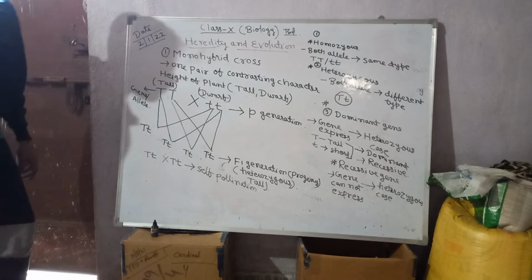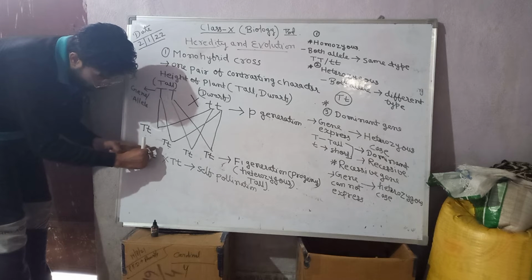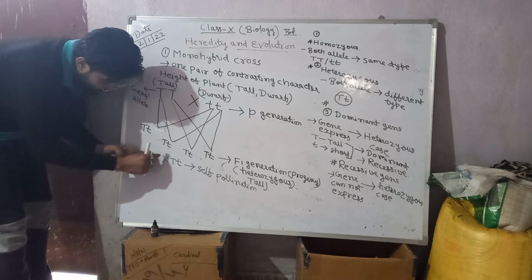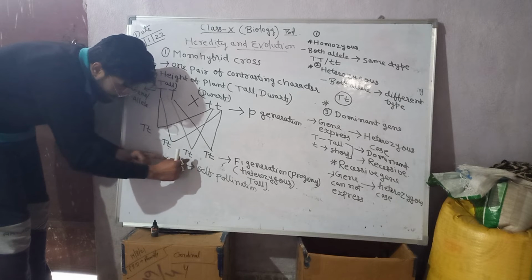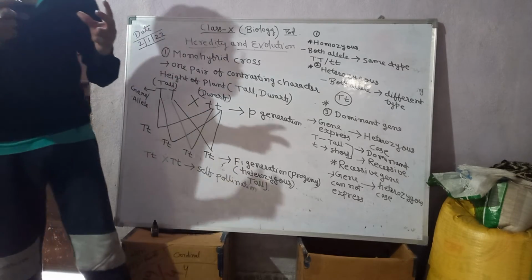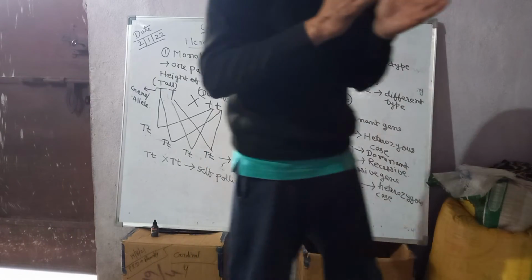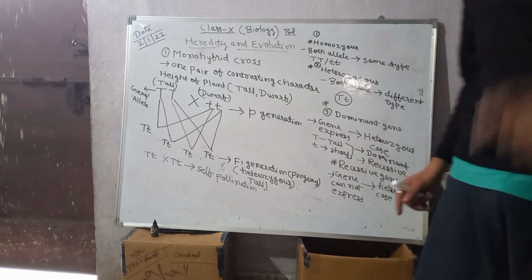What do you mean by the self pollination? Here you are observing that, suppose this is one parent that we are taking from the F1 generation. This is the another parent which we are taking from the F1 generation. All are of same type. We are crossing between the same type of parent. Then it is known as self pollination.